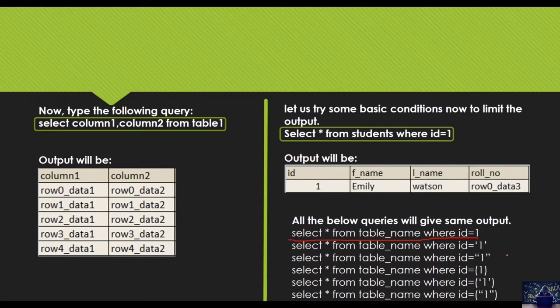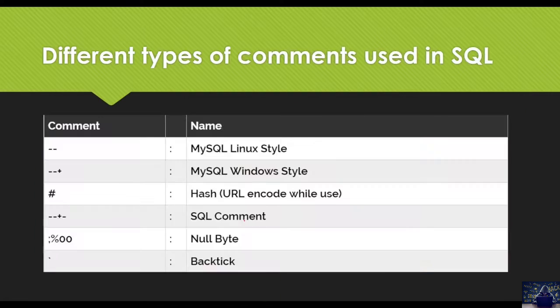So to comment out the rest of the query, we will use a comment over here, that is minus minus plus. Whatever is written after this will not get executed, as we have put it in the comment part.